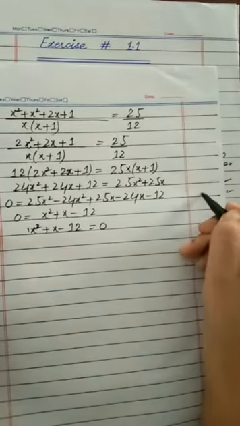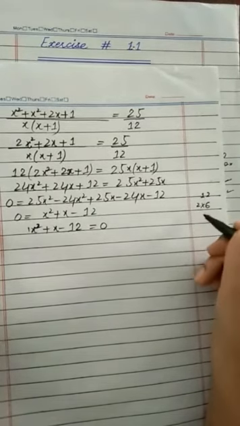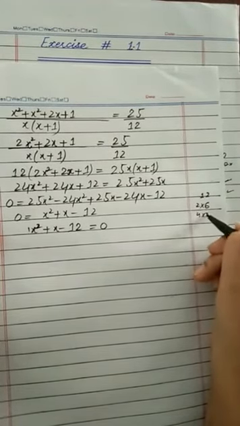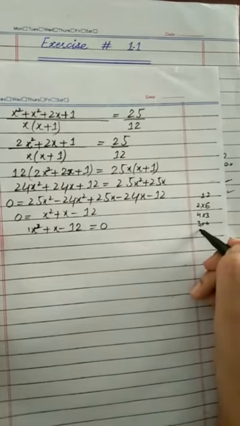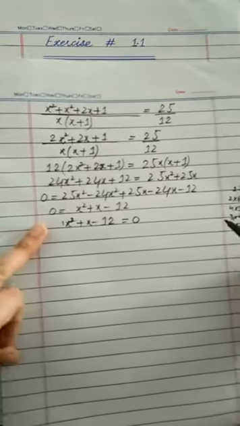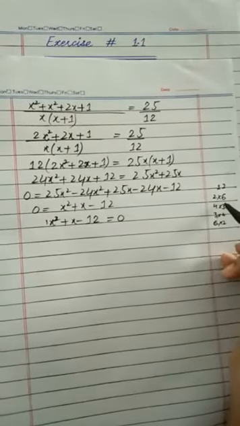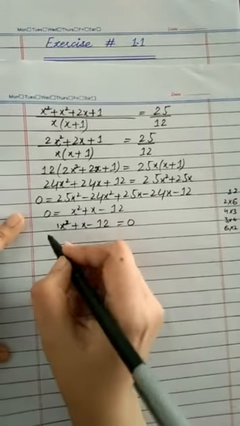We have to find the factors of 12 now. 2 into 6 makes 12, 4 into 3 makes 12, 3 into 4 makes 12, and 6 into 2 makes 12. We can use any pair from these to find our required value.